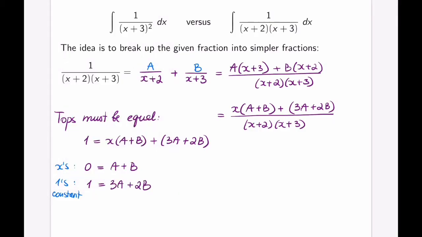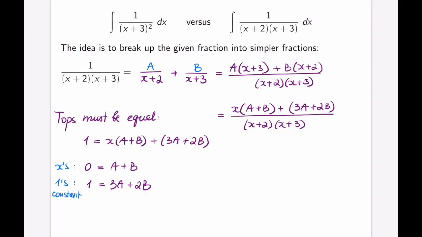So now what I end up with at this point is actually really useful information, because I have two equations in terms of a and b that I can solve together. I have two equations, two unknowns. These two must be solvable, and I should be able to find the values of a and b that work. Now, there are a number of ways to proceed from here as well.